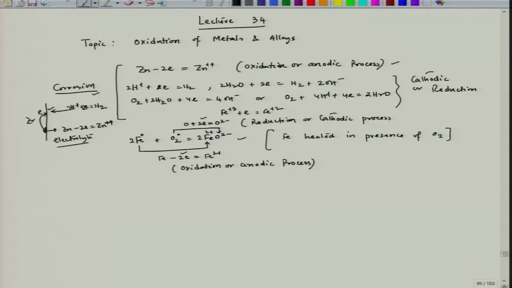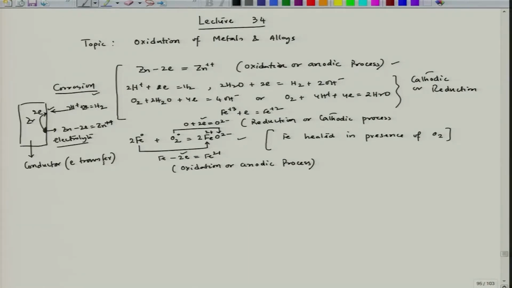At the same time, the electrolyte is acting as a charge carrier in the form of ions. But the 2 electrons are coming through the zinc piece, so this acts as a conductor for electron transfer.